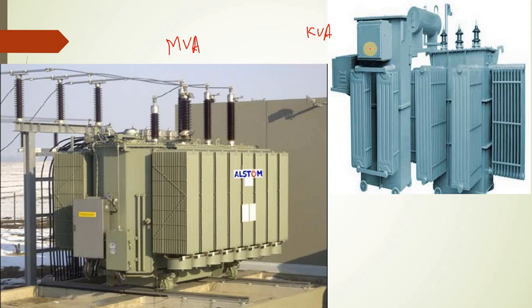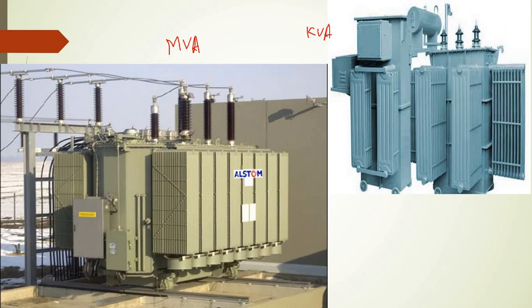You can see one more part here, the radiator tank. Here the fans are located and they flow high pressure air through the cooling fins, and the oil inside is circulated and its temperature is reduced.